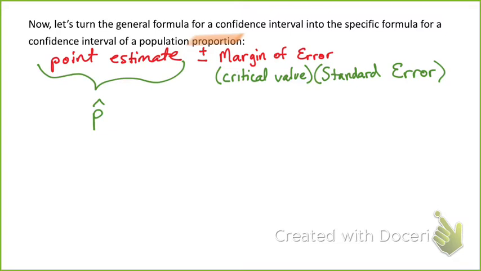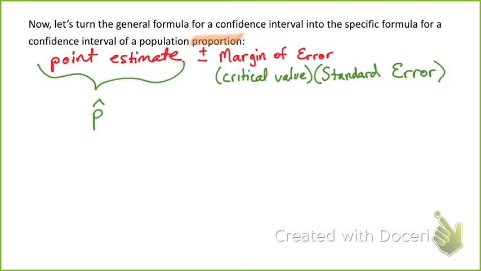Now, we've kind of seen that the margin of error is a measure of variability in our interval. It tells us how wide our interval is going to be. And there were two things that made our interval change how wide it was. We talked about if we increase our confidence level, our margin of error got bigger and our interval got wider, okay?